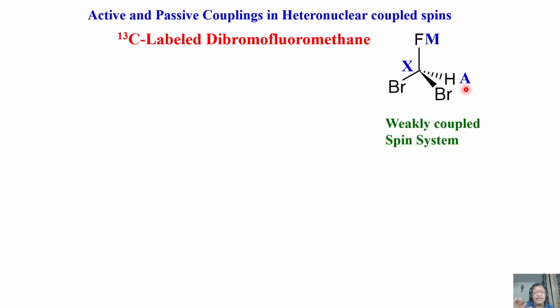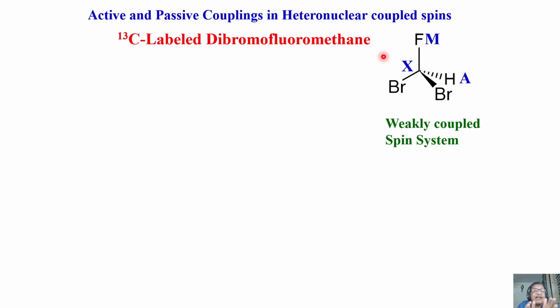Remember, when they are heteronuclear spin systems, they are weakly coupled because the chemical shift separation is quite large. This is in megahertz. This is, let's say, 500 megahertz. This is 470 megahertz. This is 125 megahertz. If you consider the Zeeman interaction, they are separated by several megahertz.